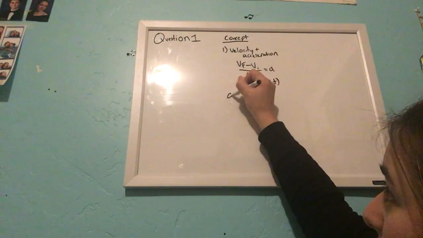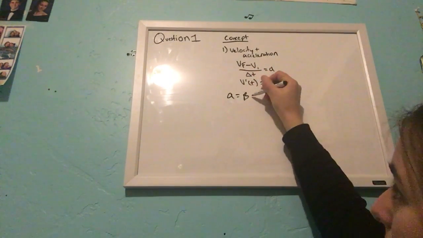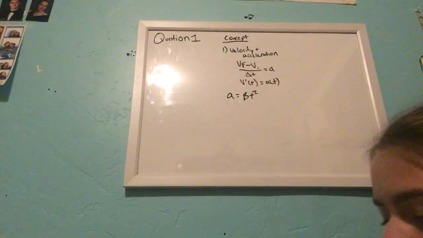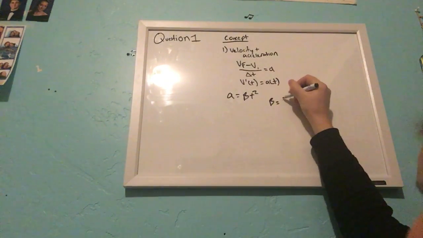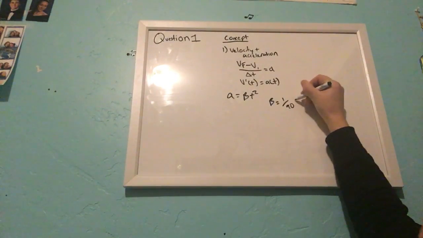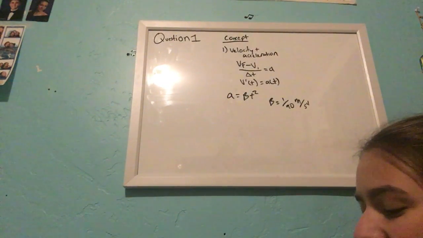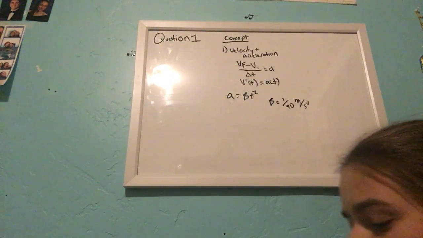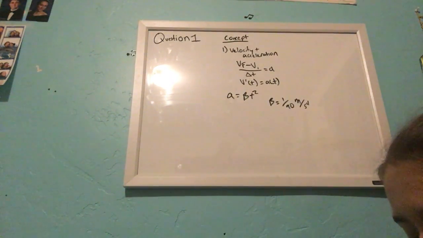In this question, acceleration is equal to beta times t squared, where beta is equal to 1 over 90, and t is in seconds, so t is time. What is the plane's speed at time equals 30 seconds?